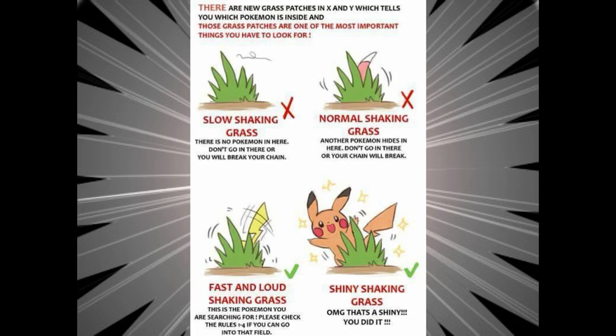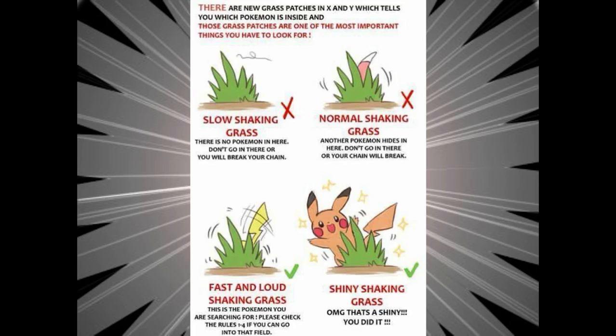Now, like it says there, the fast and loud grass is the one that'll shake, and if you have your sound on, you can definitely hear it, because it'll do like a little shimmy sham. If you encounter that one, that is the Pokemon. That's the chain, and you want to keep going.